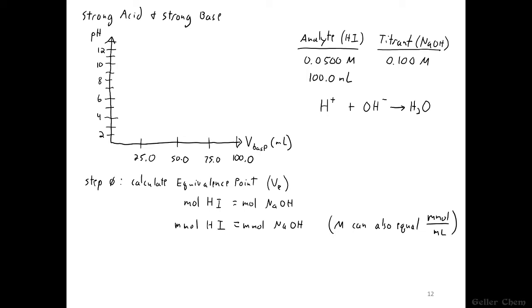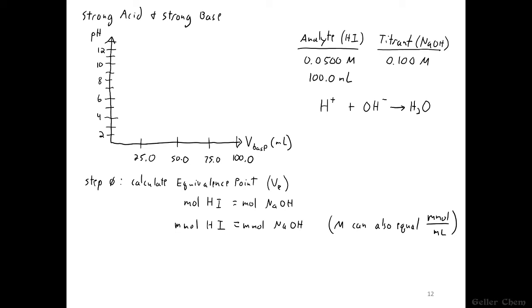If 1 molar equals 1 mole per liter, well, that means it also equals 1,000 millimoles per 1,000 milliliters. Or we could just say 1 millimole per milliliter. And that's going to allow us to not have to do all sorts of converting back and forth, as I'll show you momentarily. So let's calculate the equivalence point.